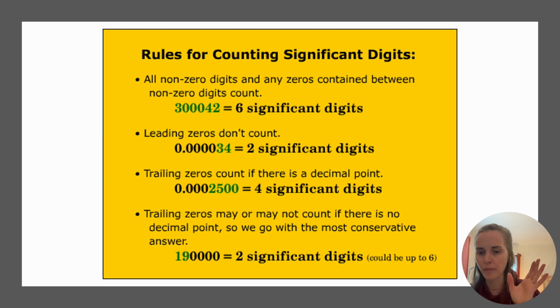If you're doing calculations with both of those numbers, your final answer has to be to your least accurate number given, meaning the smallest number of significant figures that was given is how you're going to report your answer.